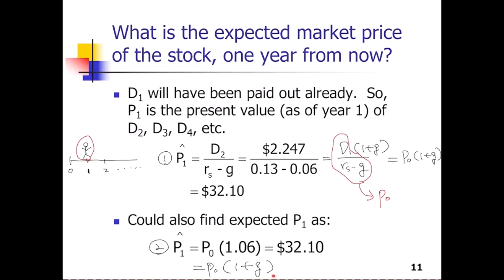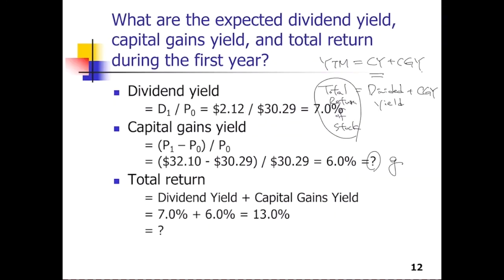From this equation, we can write it as this. P1 equals P0 times 1 plus G, and rearrange this.